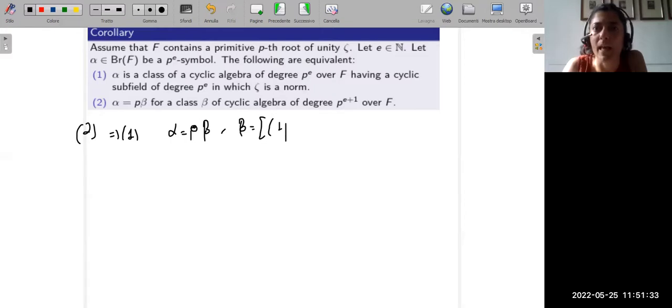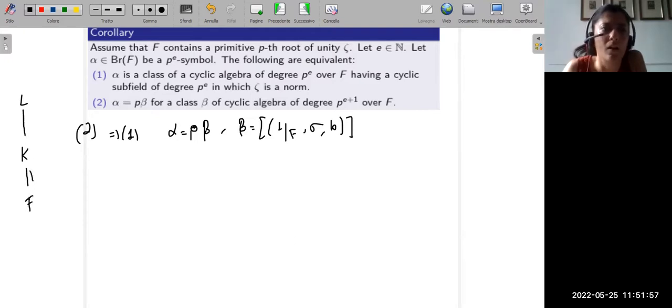I use L for this cyclic subfield, sigma and B. First let me take the cyclic subfield for E, and then the restriction of sigma on K.